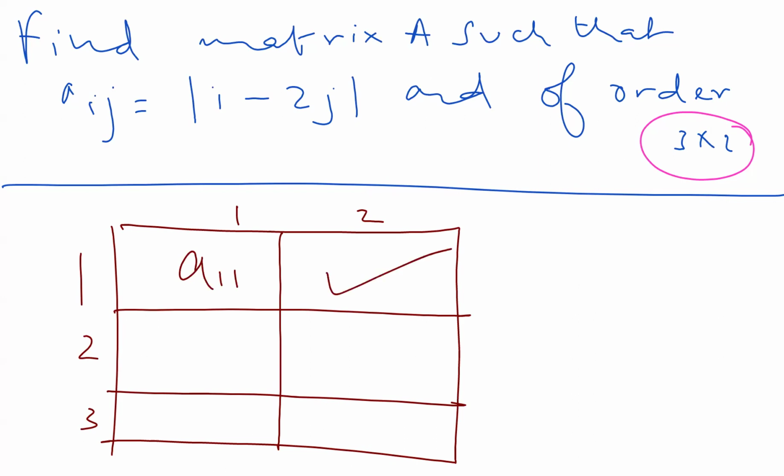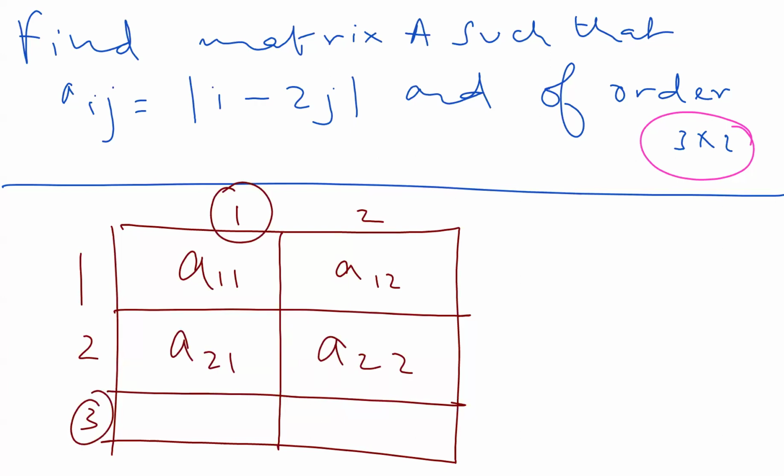What is this? A12. Good. Row and column. A21, A22, a31, a32.